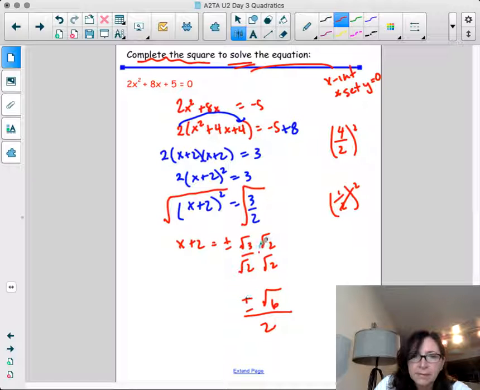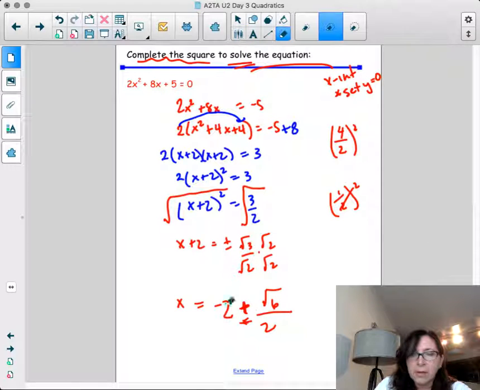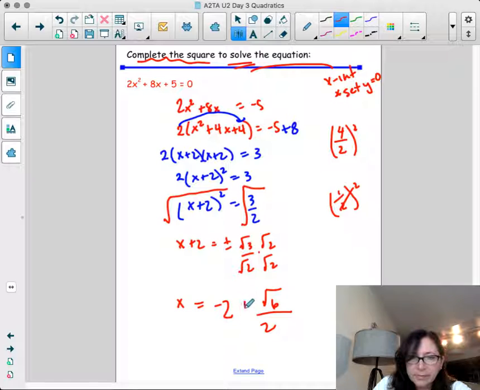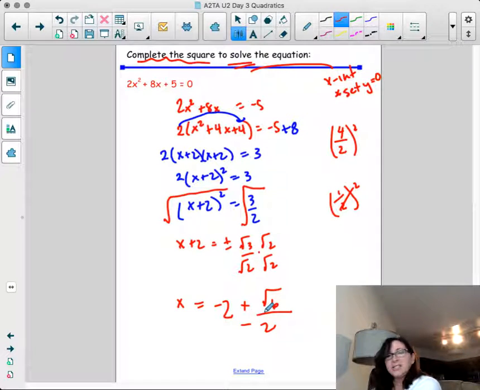I don't like the way that I wrote that. So we have plus or minus, and then move the 2 to the other side. So we have x equals -2 plus or minus the square root of 6 over 2. Still don't like that. Just for fun, let's figure out the square root of 6.